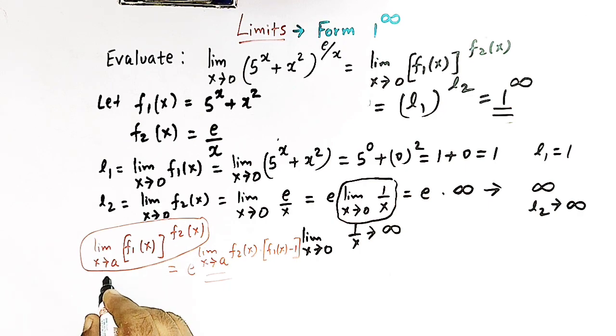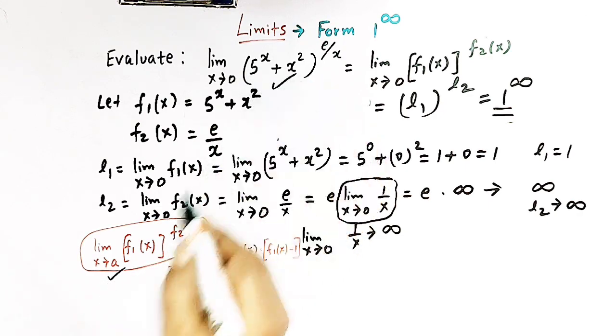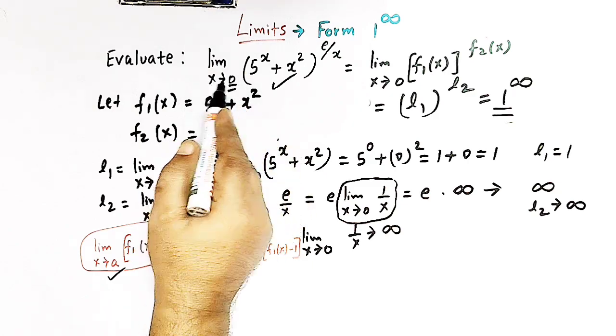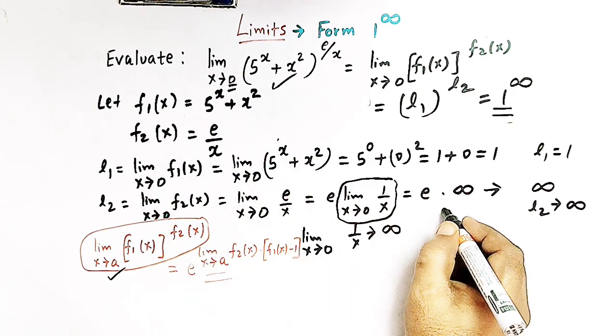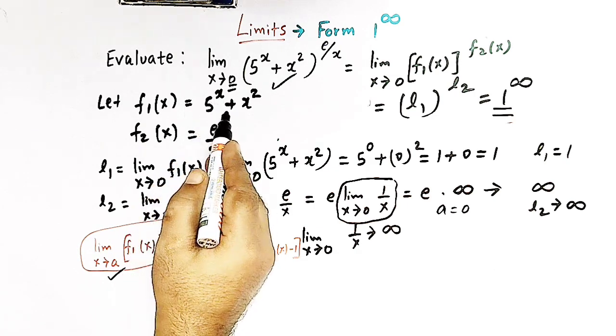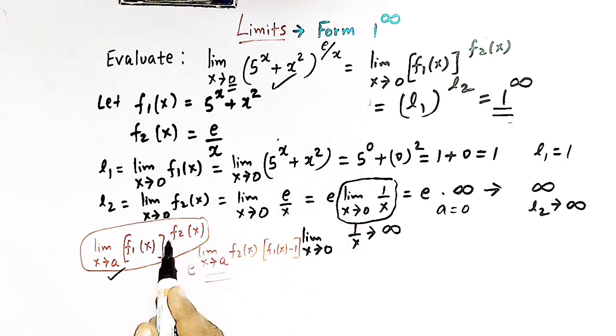Now if we compare this limit with this one, then a is equal to 0, because here we have x tends to 0. So the value of a is 0, f1(x) is 5 raised to x plus x square, and f2(x) is e over x.